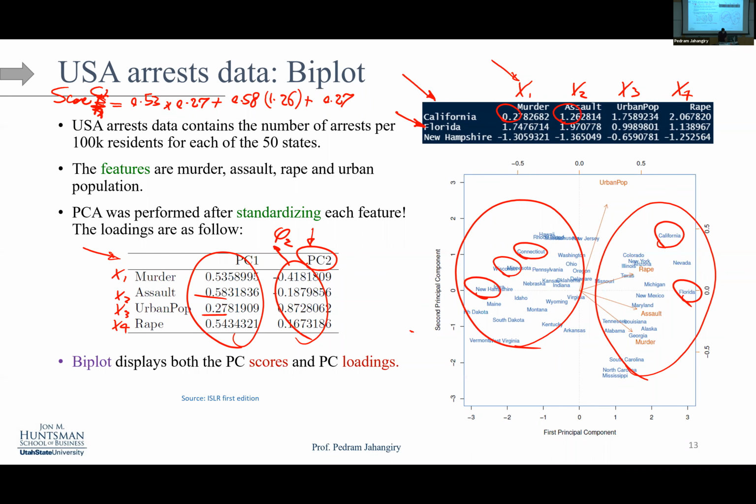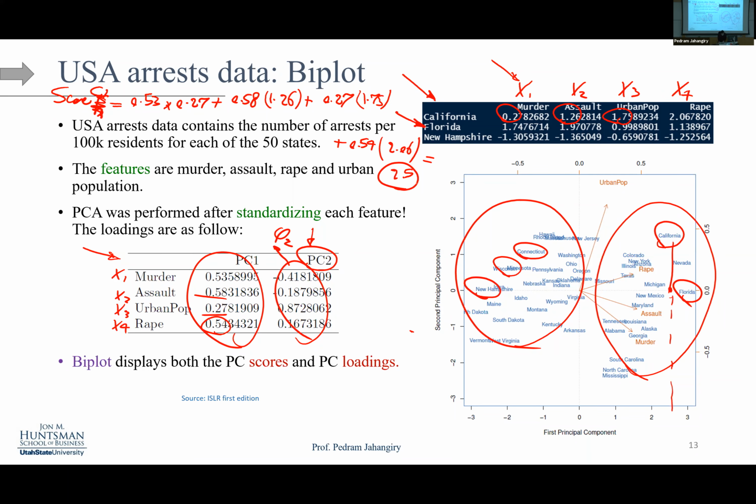And then 0.27 times 1.75. And then plus, what else? The last one, 0.54 multiplied by 2.06. If you do the math, you should get some number around 2.5. Just give it a try at home. So this is the score of California along the PC1.